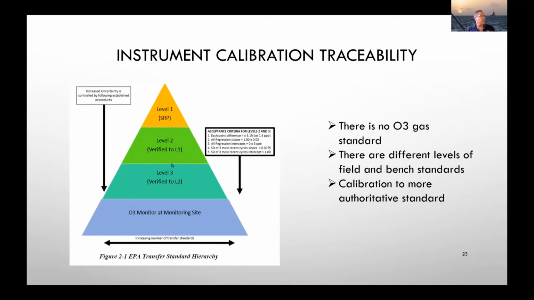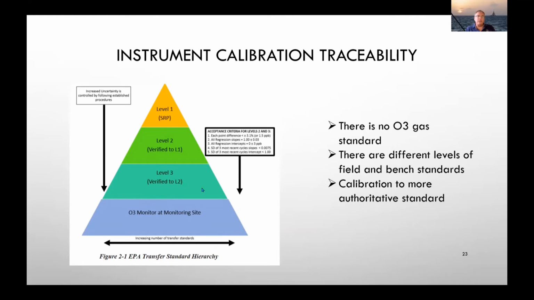These are established by certifying them against the level 2 bench standard located at our headquarters, and then installed in an air monitoring location. And then they are periodically re-verified by a level 3 field standard.